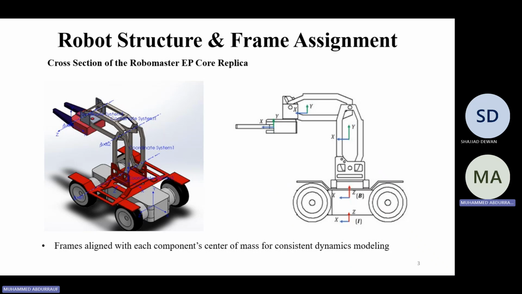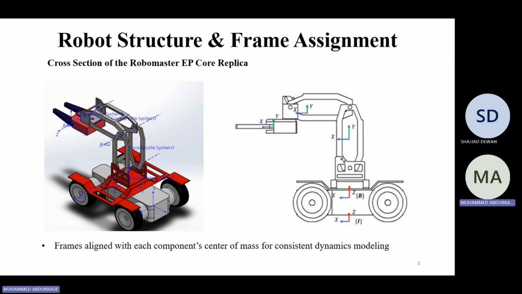We were not very experienced with SolidWorks, so we had to learn. This seems kind of amateur, but this is what we were able to come up with. It's basically a replica of the EP Core. We have the base, the wheels, the links, and the prismatic joints.